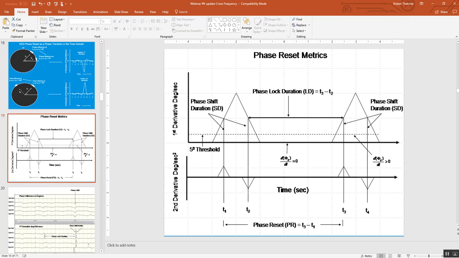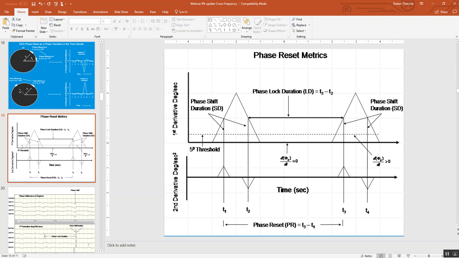And this is how we do it. I'm not going to go into a lot of detail on this, but it's highly accurate. With the computer, by calculating the second derivative, you can get the inflection point of a phase shift, and it allows you to measure the duration of that phase shift in milliseconds. And then at the termination of the phase shift, there's now phase lock, so you can measure the duration of phase lock. That's, again, where the first derivative is close to 0.